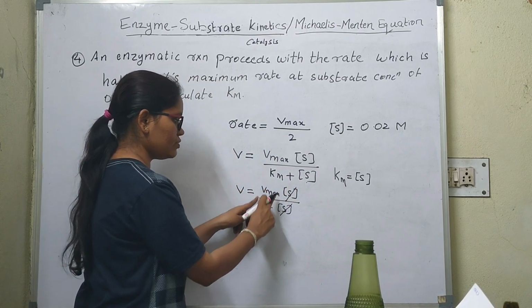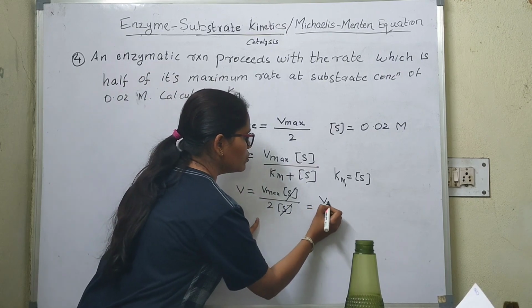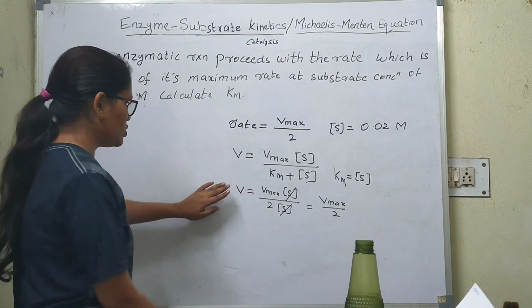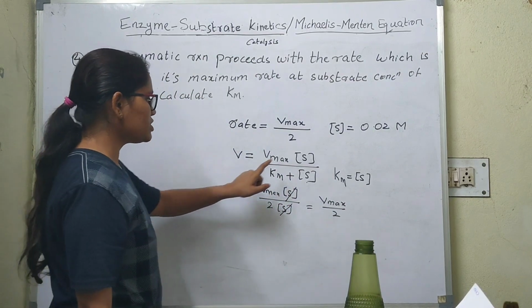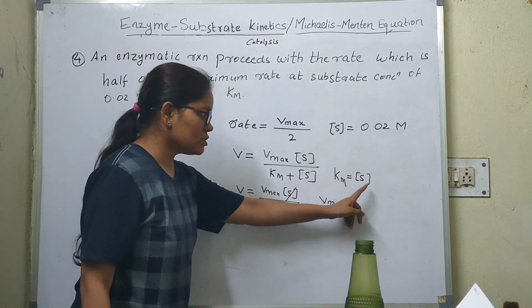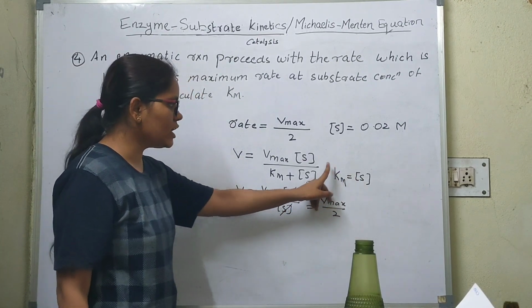So the rate becomes Vmax by 2, that is half of the maximum rate. So we see that the rate becomes half of maximum rate when the concentration of substrate becomes equal to the Michaelis constant.